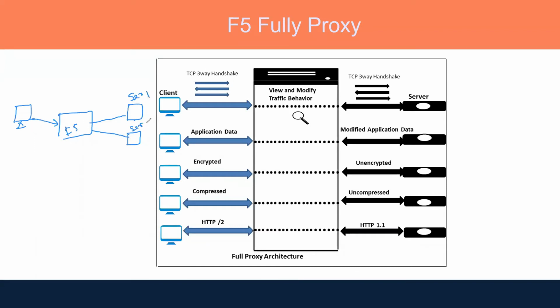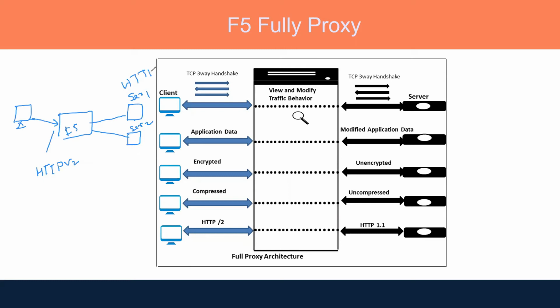So you have server 1, server 2. And during this, you can get multiple advantages. Maybe I would start from here. Let's say on the F5 side, you have enabled HTTP version 2, but your server is running on HTTP version 1.